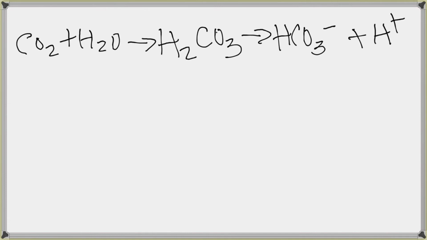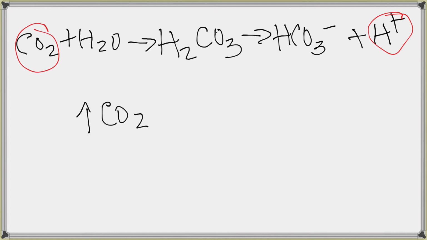Okay, so why do you care? This means that there is a relationship between carbon dioxide and pH. So let's see if we can figure out what that relationship is before we go any further. The relationship between carbon dioxide and pH is, typically speaking, that as your carbon dioxide goes up, what it tends to lead to is your H plus concentration goes up.